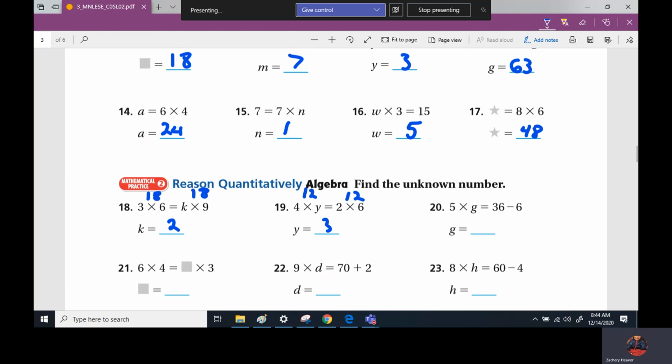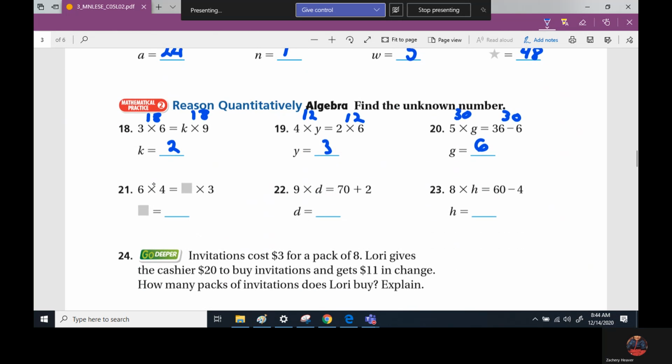What's 4 times 3? 36 minus 6 is 30. So 5 times what equals 30? 5 times g equals 30. G is going to equal 6. 6 times 4 is 24. So 3 times what is 24?